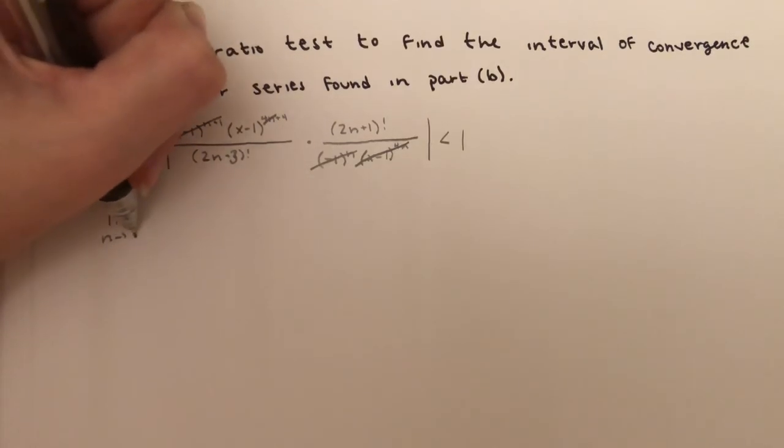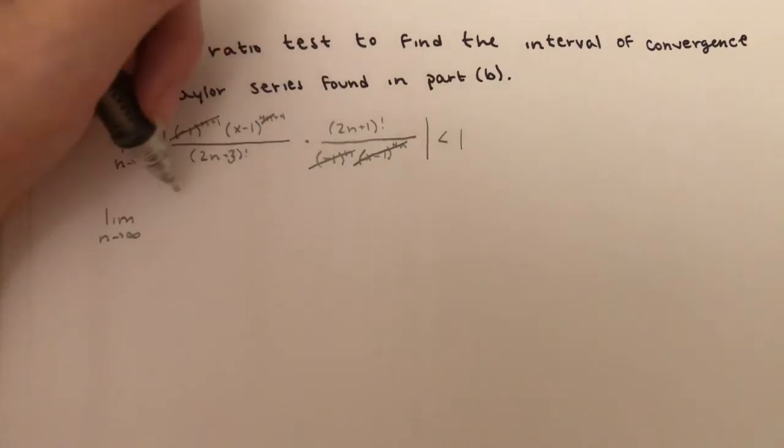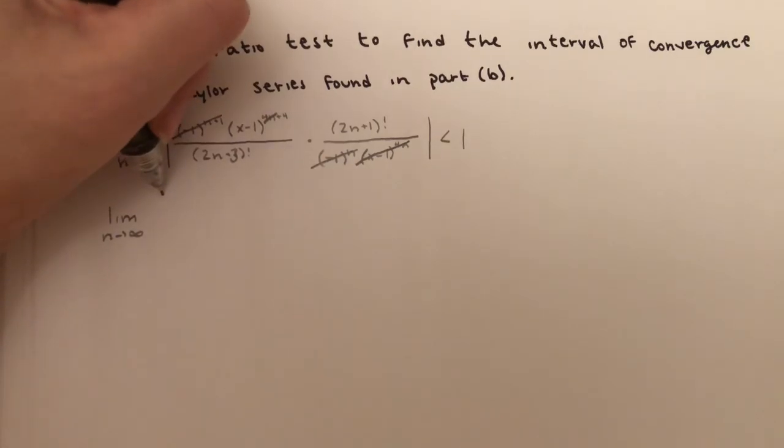From there, we can rewrite our limit and get rid of our absolute value symbols and keep our factorials and our x minus 1 to the 4th.